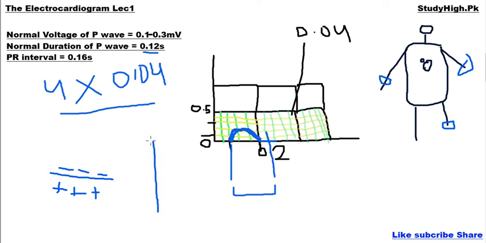If you remember my previous lecture, the resting membrane potential of ventricular muscle is between minus 80 to minus 90, whereas the action potential peaks at about plus 20. So the recording is the total curve.